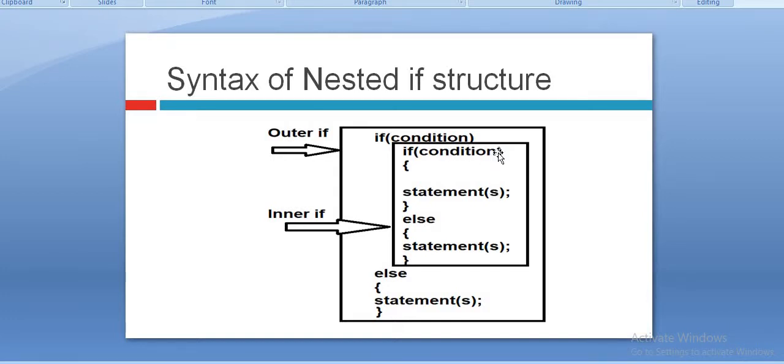If it is not true, these statements will be executed, and then finally it will move to the next block of code, because this one block has been executed, so these other statements will not be executed.